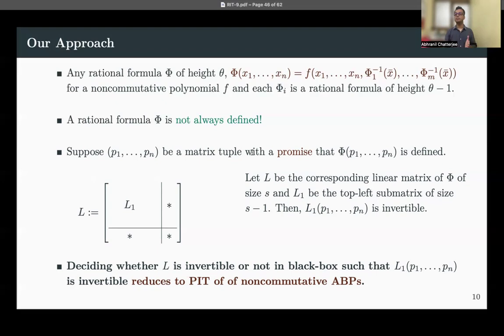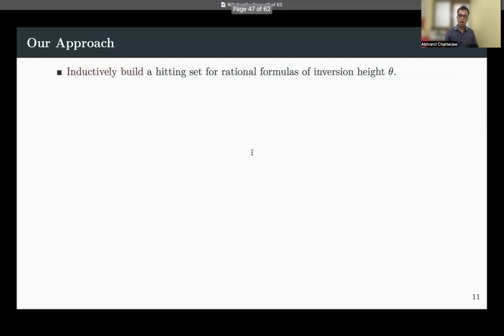Then we can reduce this problem to PIT of non-commutative ABPs, which can be solved in black box. So if we are given a point of definition for a rational formula, we could solve this black box identity testing algorithm efficiently in quasi-polynomial time. However, we don't have that promise.